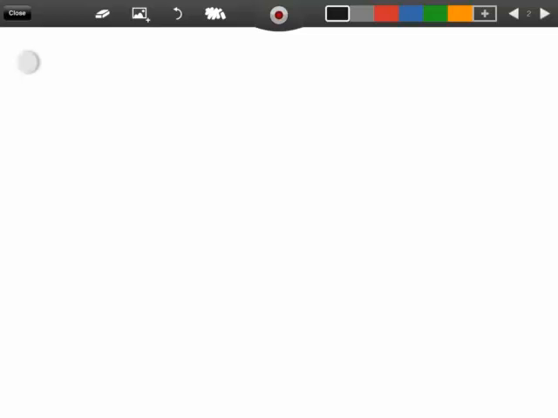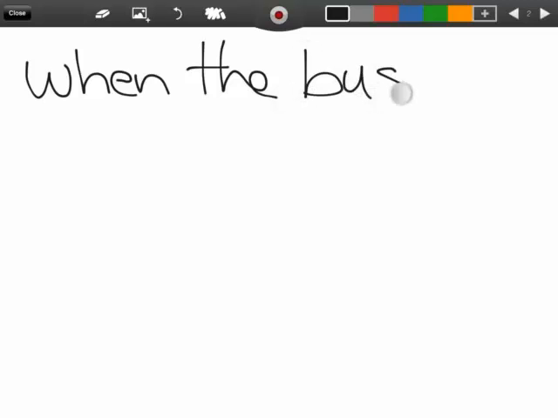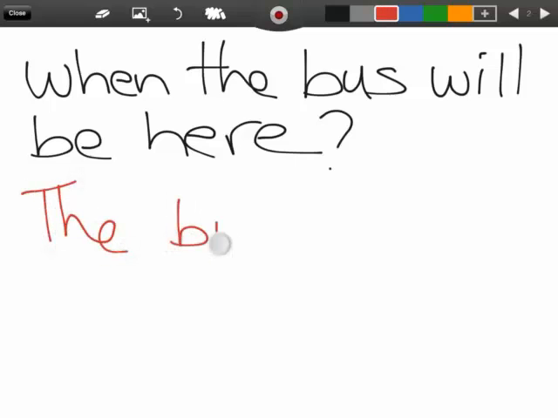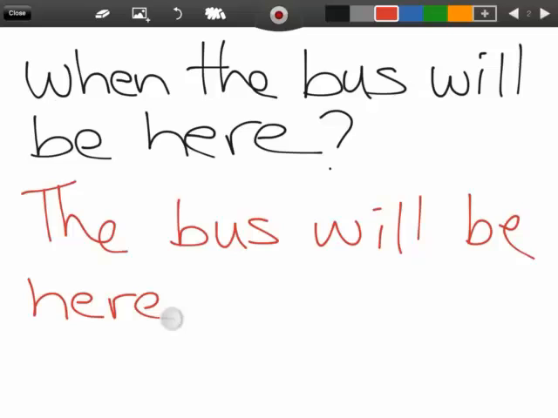If someone came up to me and asked me when the bus is going to be here, or we could say when will the bus be here, I am going to respond to them by saying the bus will be here at noon.